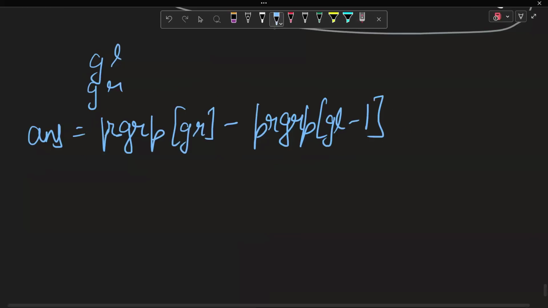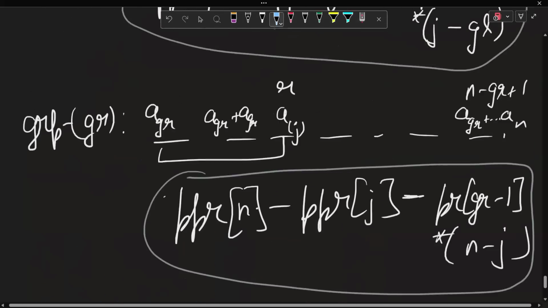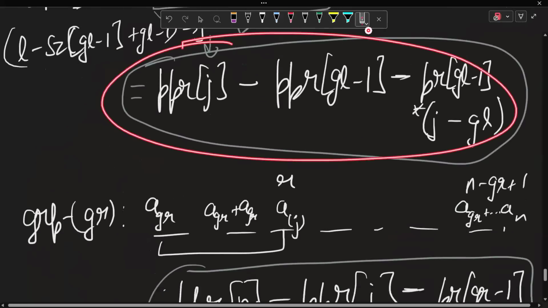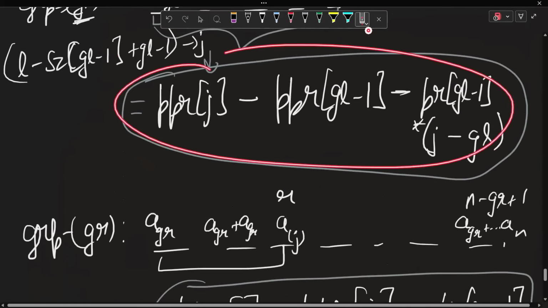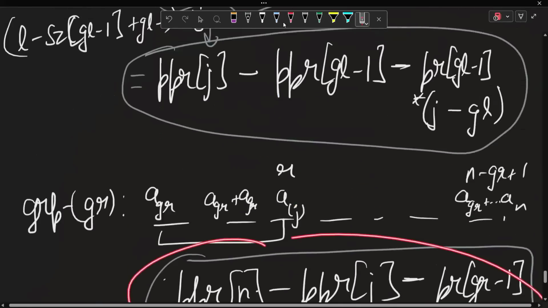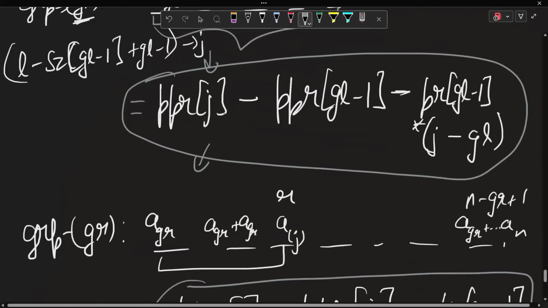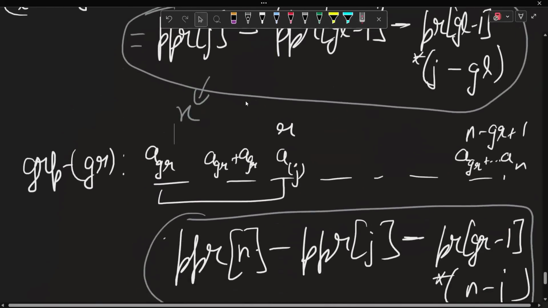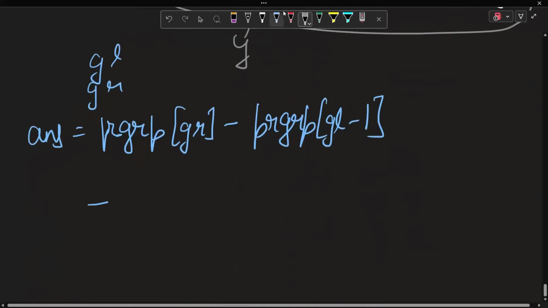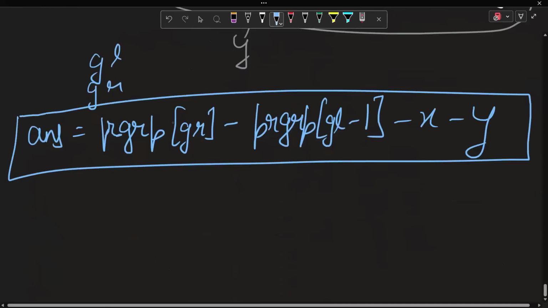From that, we would subtract this thing, PPRJ, and this thing. If this is X and this is Y, then the final answer is this minus X minus Y. I hope it is clear.